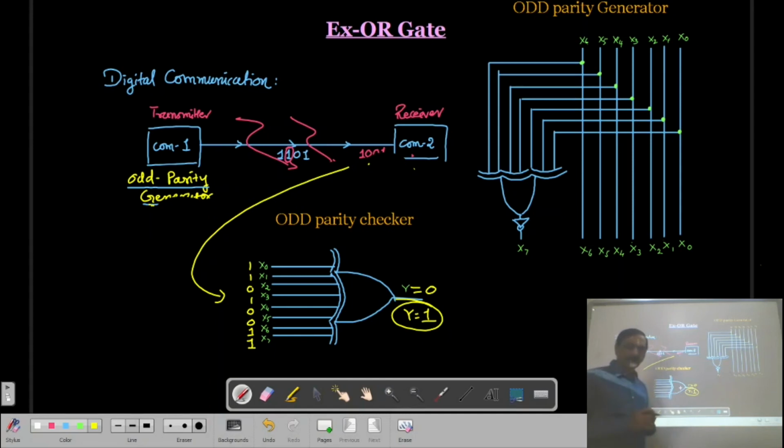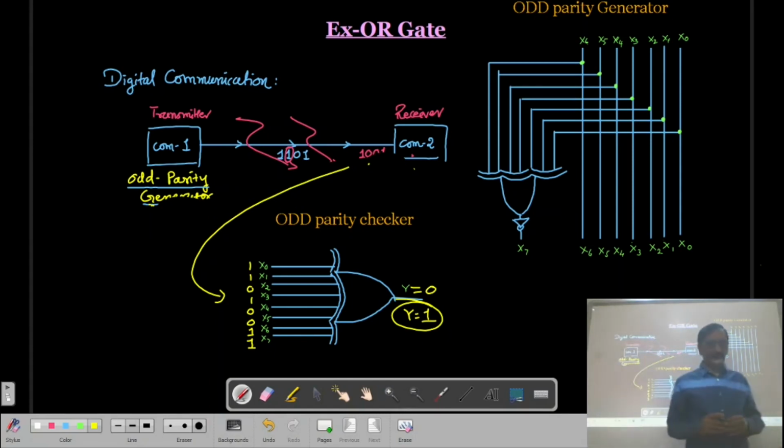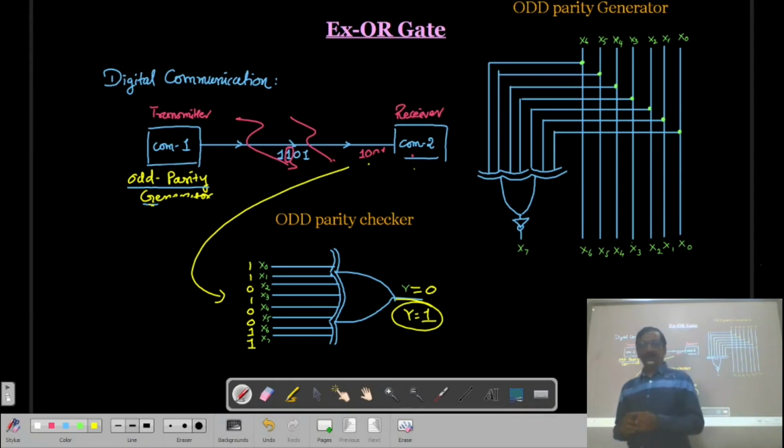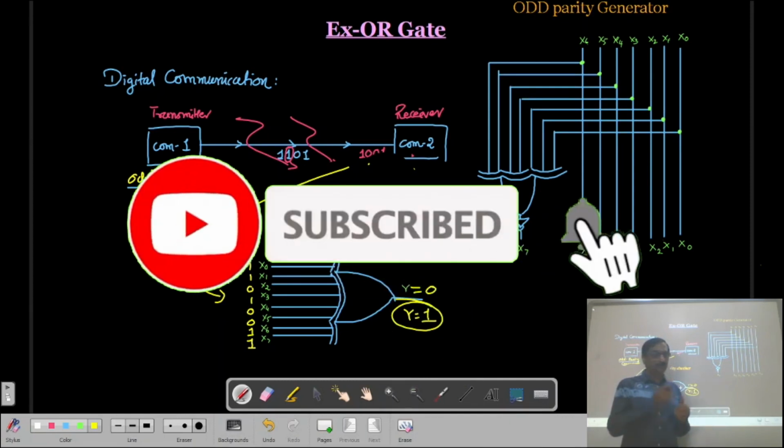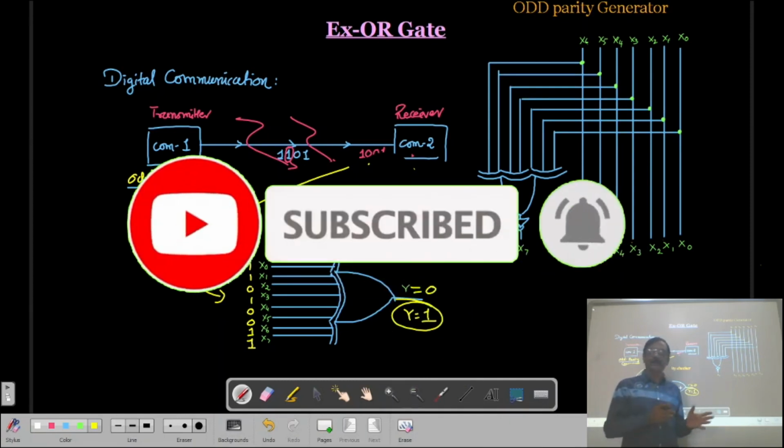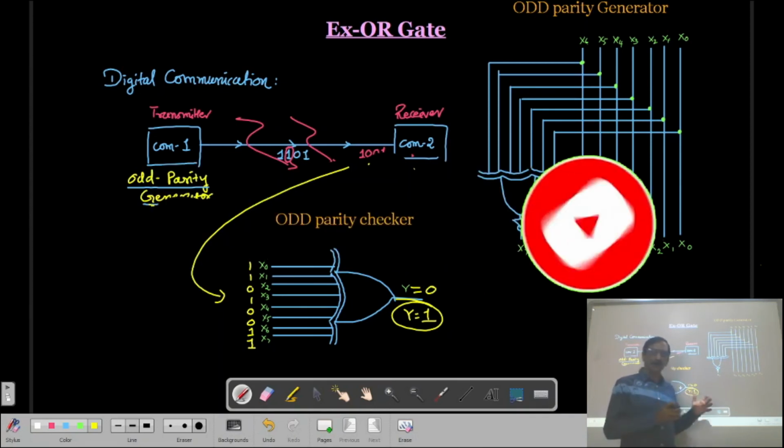So in this way, the exclusive OR gate is widely used for 1-bit error checking. In a communication, whenever there is an error of only 1 bit, then only you can use this. But if 2 bits are changed due to the noise, then we have to modify the circuit, and for that we have different circuits.